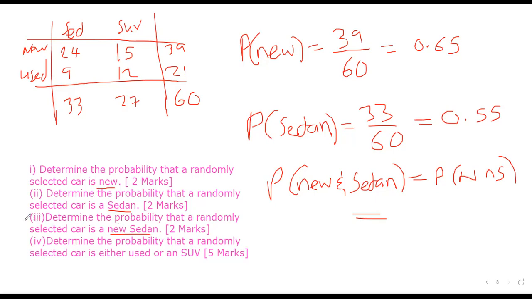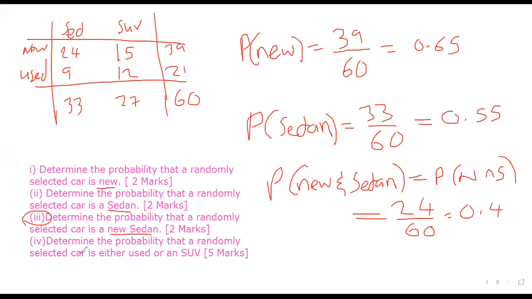We are at part 3, by the way. We are done with the sedan here. Oh, over 60. It's a new sedan. So where they meet, 24 over 60. Excellent. What do we get? 0.4.